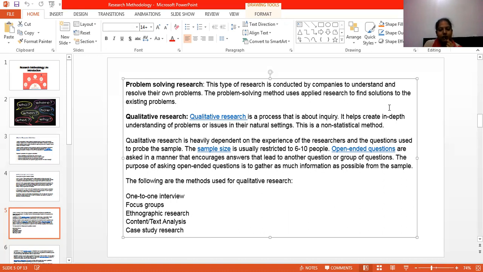The following methods are used for qualitative research: one-to-one interview, focus groups, ethnographic research, content and text analysis, case study research.